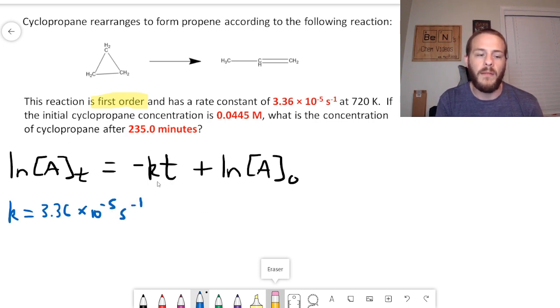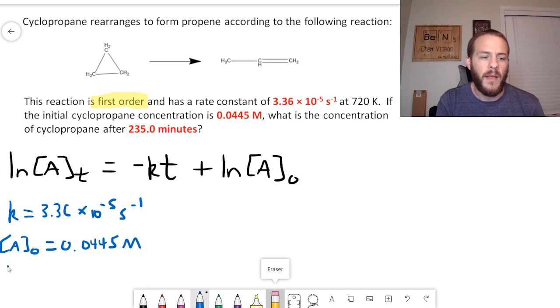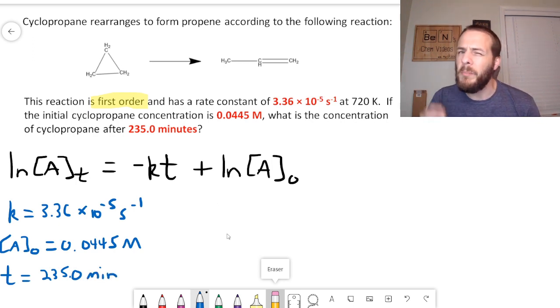It also tells us that the initial concentration, concentration of A sub 0, is equal to 0.0445 molar. And it gives us the time, t. That is going to be 235.0 minutes.